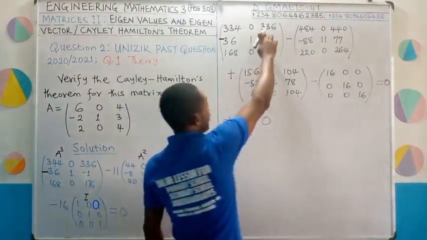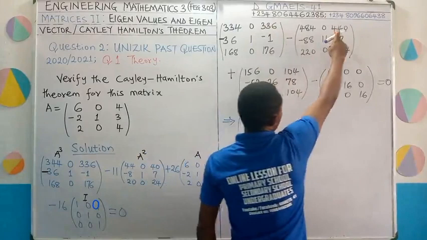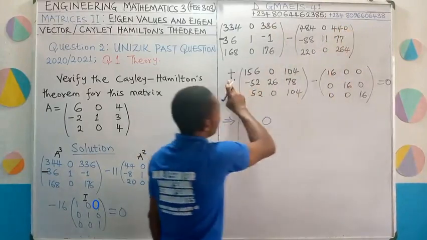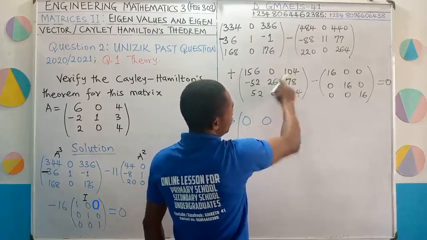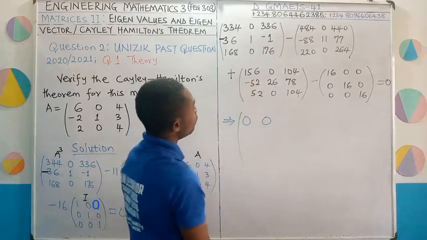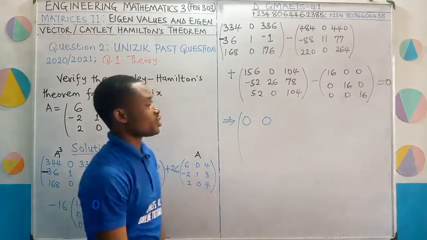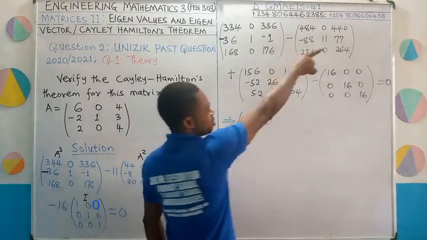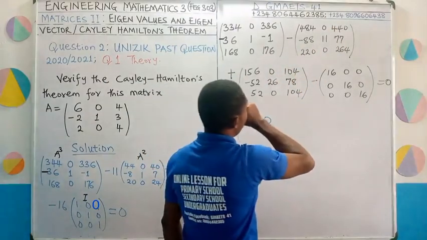We move on to the next one. Element in row 1, column 3, 336 minus 440 plus 104. If you do this term, 336 minus 440, if you work it out, of course, you are going to get a term that is minus 104 there. Are you following? You get minus 104.